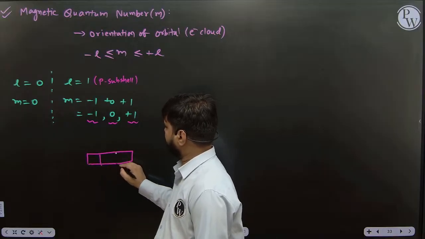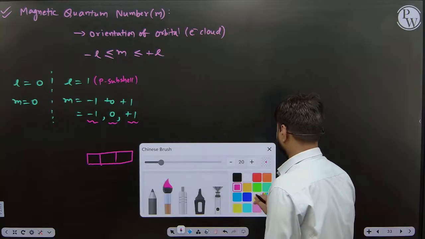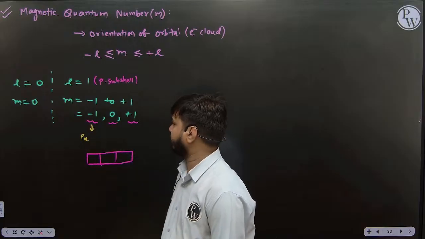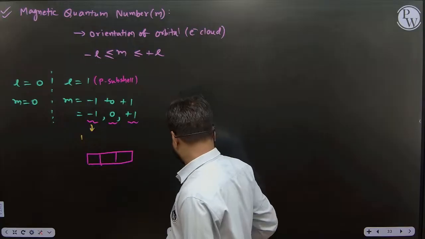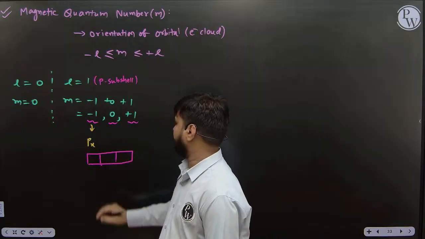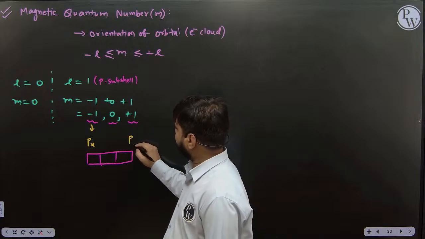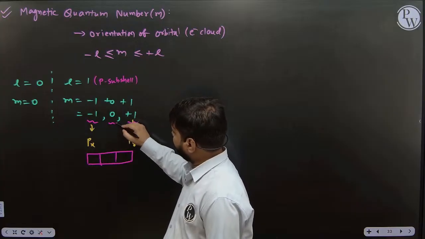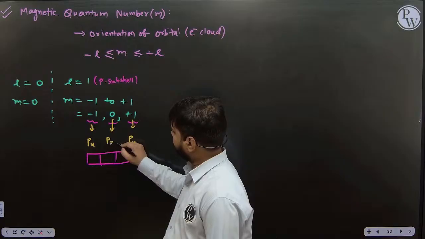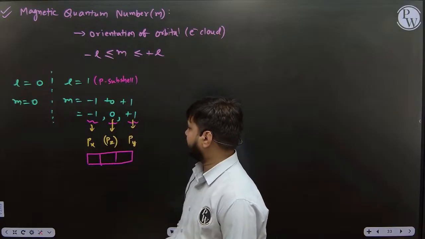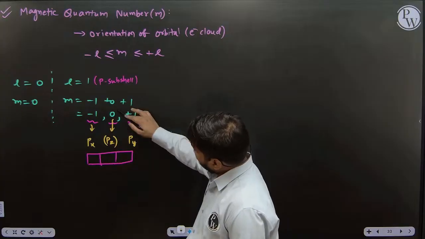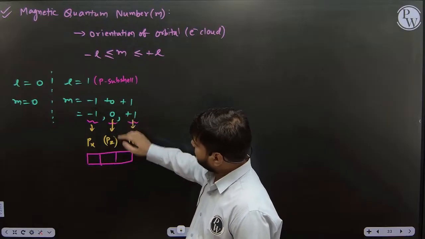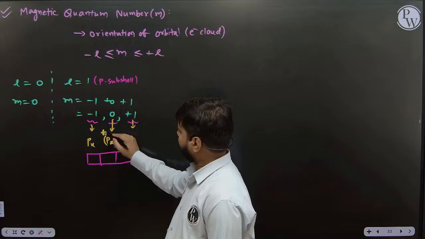Here the minus 1 value can represent px or py. The plus 1 value can also represent px or py. However, there is a fixed value for pz: for pz, the m value is equal to 0. That is fixed.